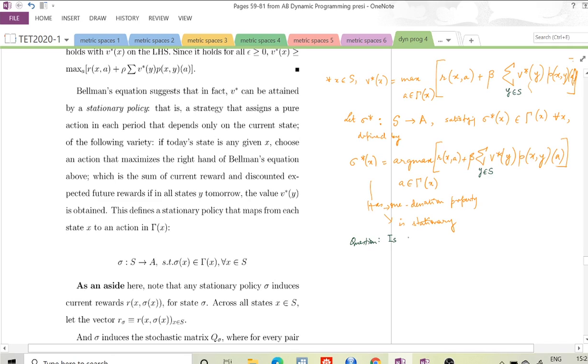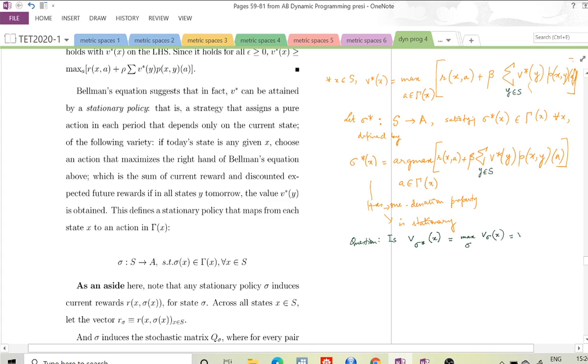is the discounted present value from playing the strategy, which is also a stationary policy, sigma star, given that I start at any specific initial state x, equal to the max or the sup that I can get over all strategies, whether stationary or not?